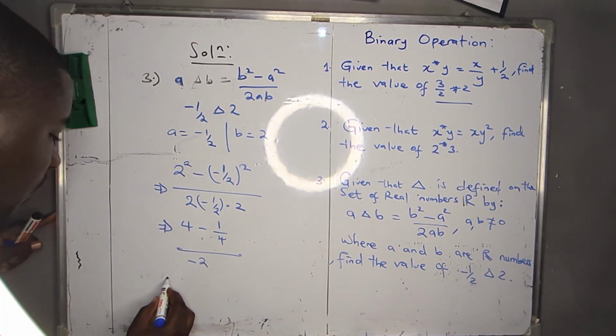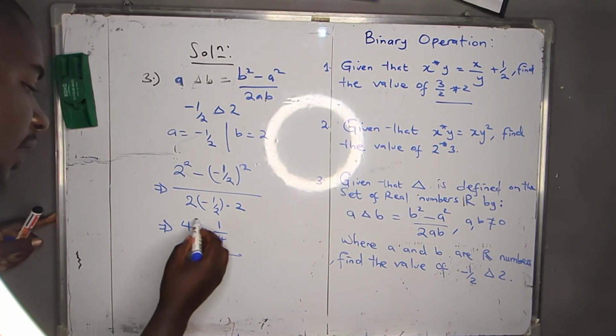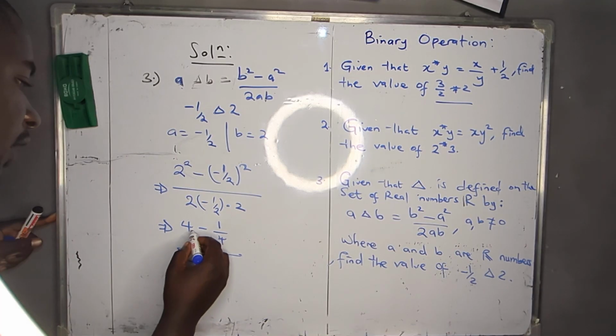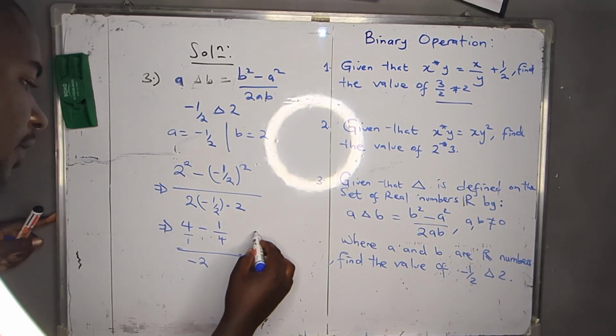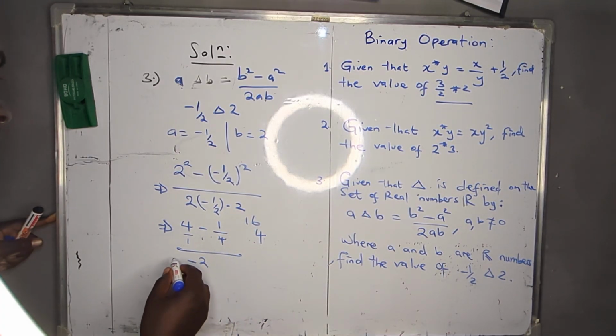Then this one, what are we going to get? The LCM here is 4, so it's 4, 1 there, 4, 16.